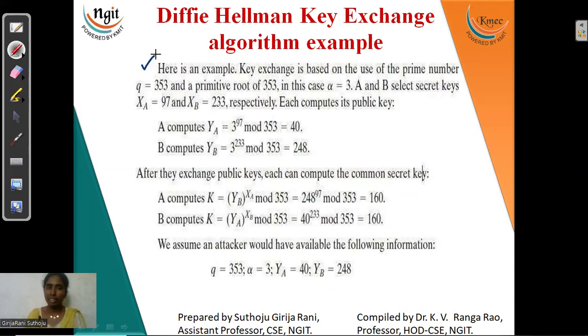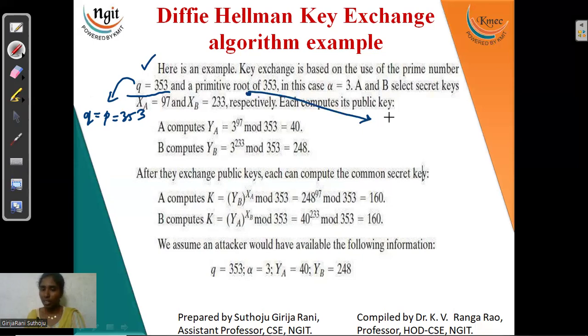Here we have one example. I am taking my prime number, denoted with Q, as 353. Now I have to find the primitive root of 353. As in the similar case, find the phi value first. Phi will be prime minus 1, so 352.